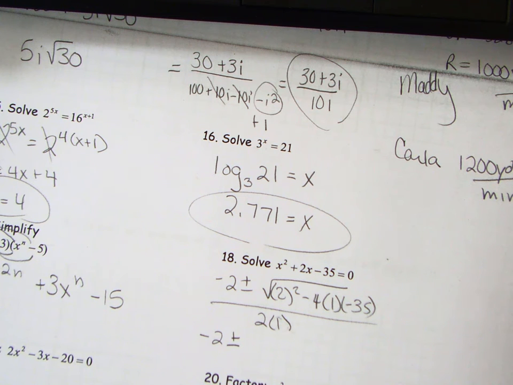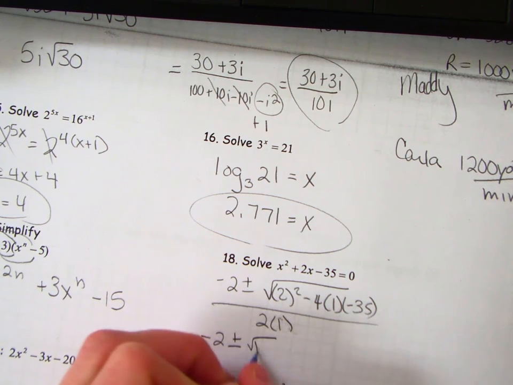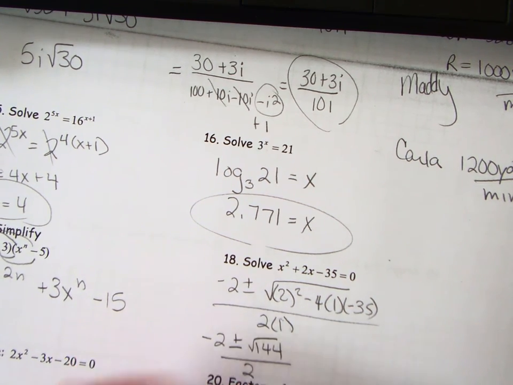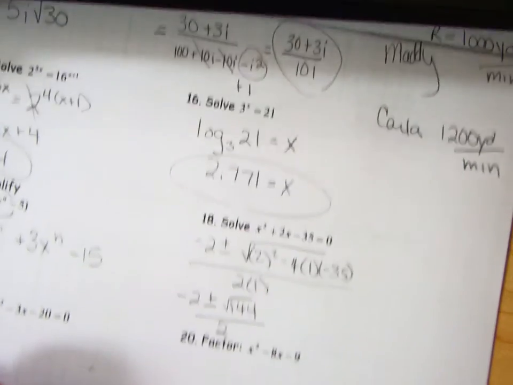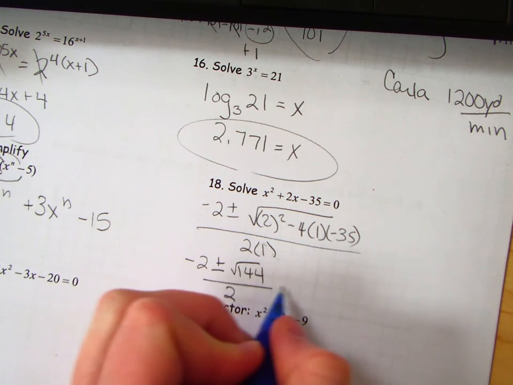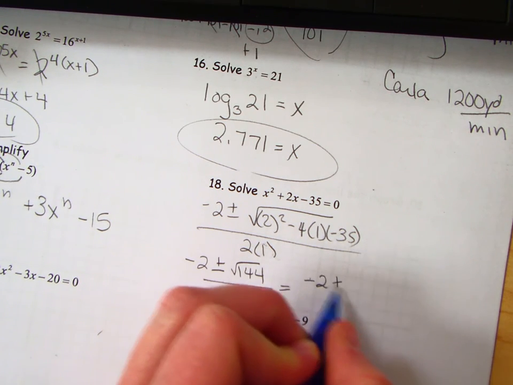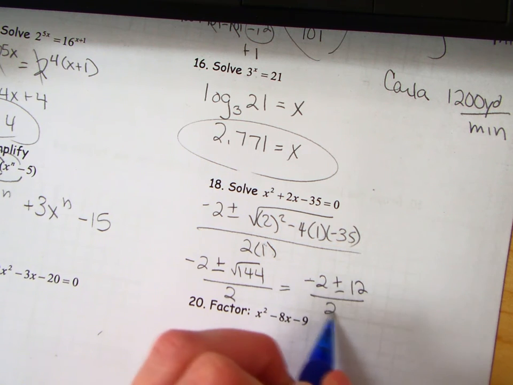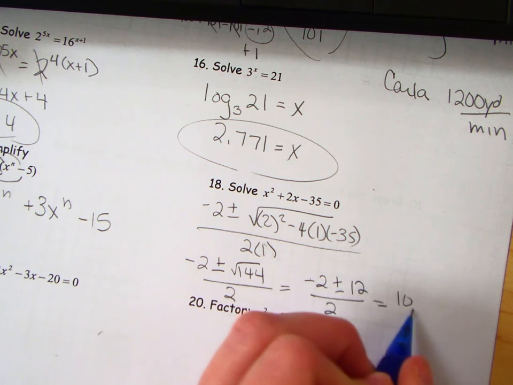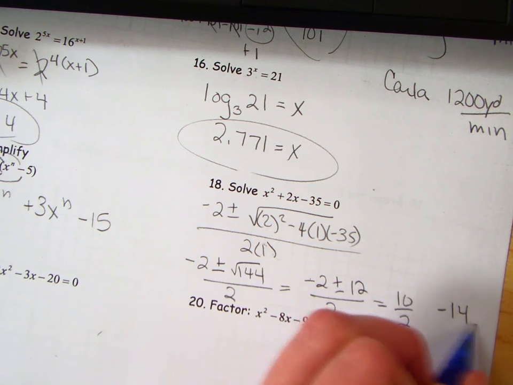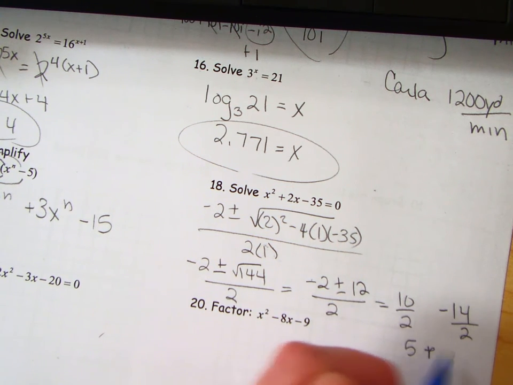I'm typing it on my calculator now. Square root of 144, good. That's going to turn into a 12 in the next step. Negative 2 plus or minus 12. That's going to be 10 over 2 and negative 14 over 2, and then we will reduce those.